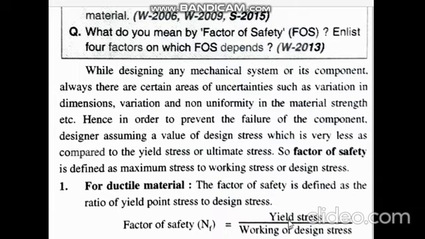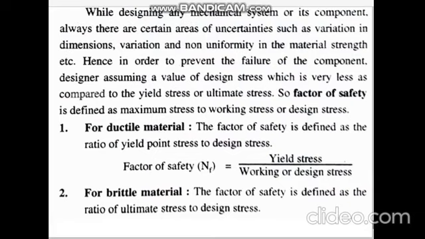Suppose your door is made of wood, and in winter it expands a little and it is difficult to close. Therefore even a little elongation is not permitted. That's why we take something called the factor of safety.